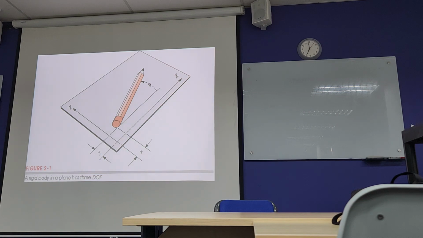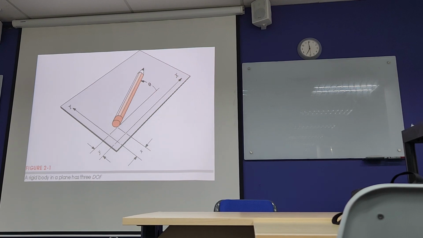So if you want to describe the position of this in the rectangular coordinate system, you need to know its x coordinate, its y coordinate, and also its orientation. We treat theta as positive if we measure from the positive x-axis counterclockwise, so theta can be positive or negative. Now tell me, what is the degree of freedom here?